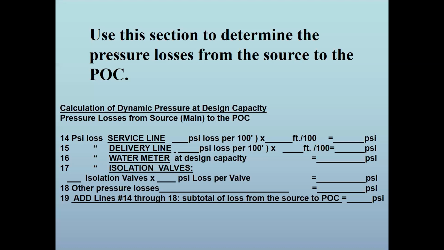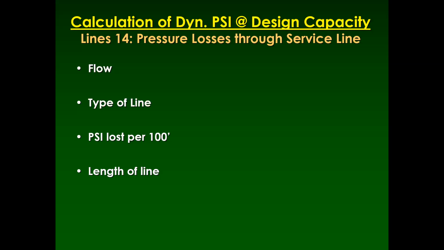So let's start putting in the information. Our first one, we know our flow is 18 gallons per minute because that's our restricted capacity. That's all we can work with. The type of line is type K copper.